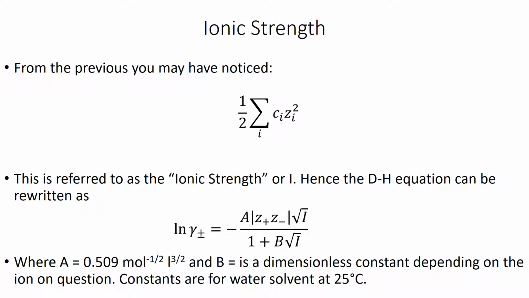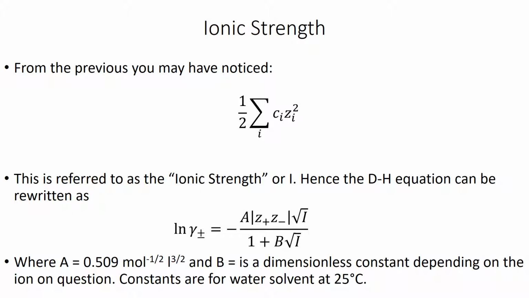Hence, from the above, if we make this definition the ionic strength, you can rewrite the Huckel equation to look like log gamma equals minus a fraction, with the top of the fraction equal to A, absolute value of Z plus Z minus, multiplied by the square root of I, divided by 1 plus B root I, where A takes a particular value, which is 0.509 per mole, the root of, and then liter to the power 3 on 2.